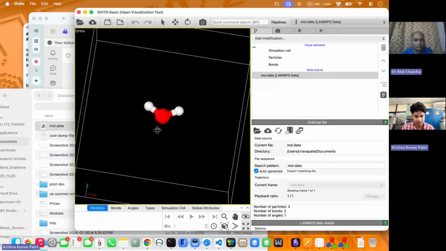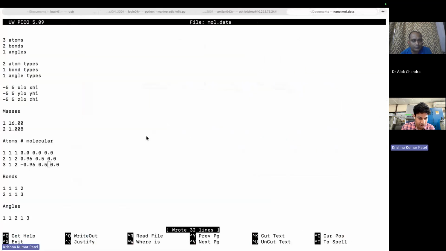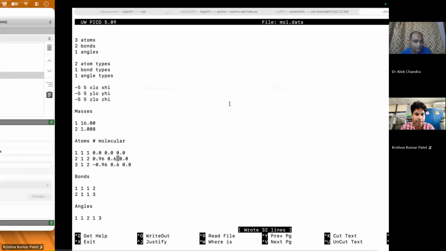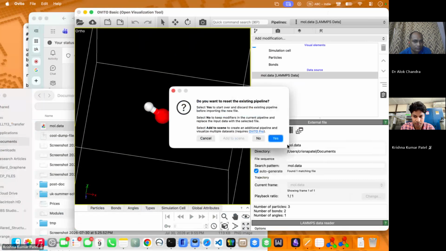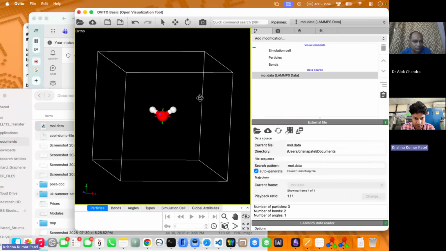Okay, this is better. Definitely better. Can probably give it a little more angle, right? And then reload this guy. Yep, looks slightly better.